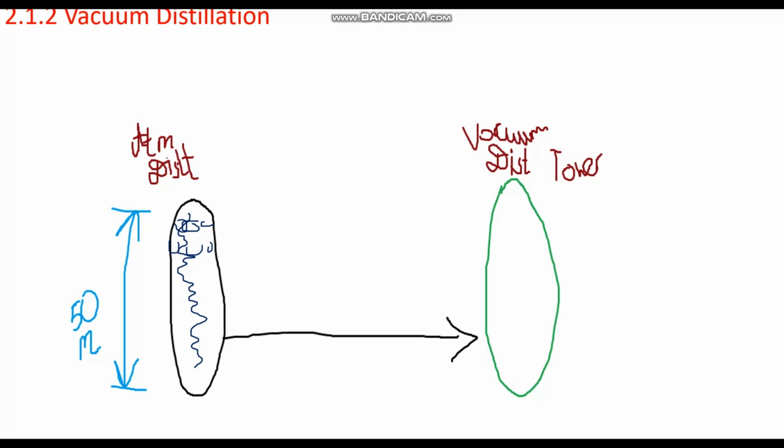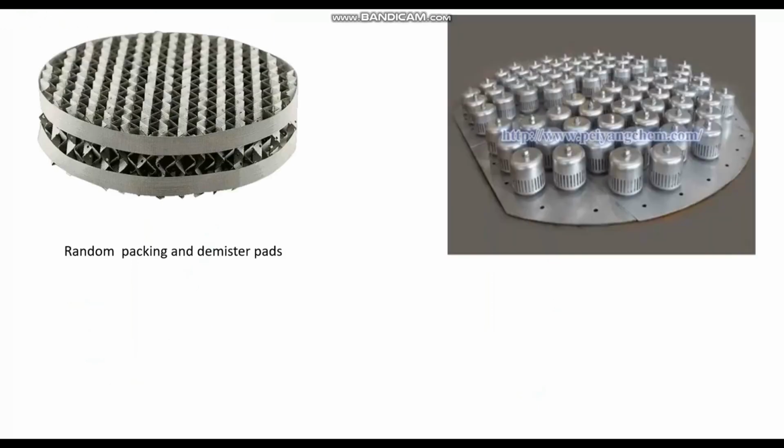So here we have some changes or differences, I would say. I said that in the distillation towers we use bubble cap trays, but in the vacuum distillation tower we use random packing and demister pads.